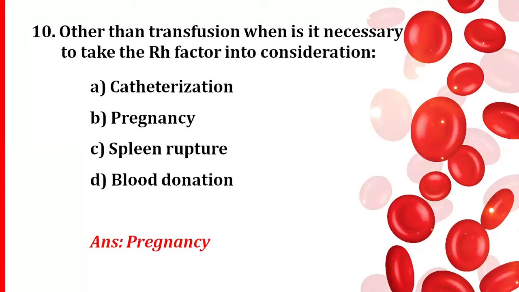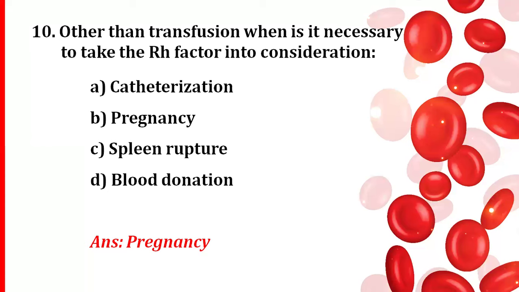It is routine and important to determine the RH factor of mother and unborn child during pregnancy. If the mother is RH negative and the baby is RH negative, there is usually no concern, so nothing will happen.